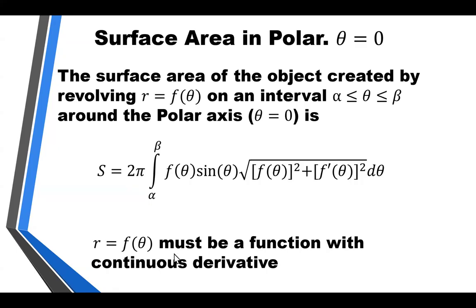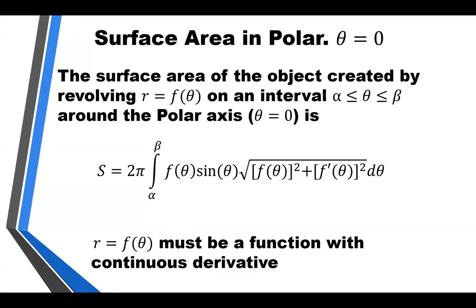Now, in order for this to work, we do have to have r be a nice function of theta. It has to have a continuous derivative over the span from alpha to beta. In my Calc 2 classes, I won't give you a problem where r is a function of theta without a continuous derivative.